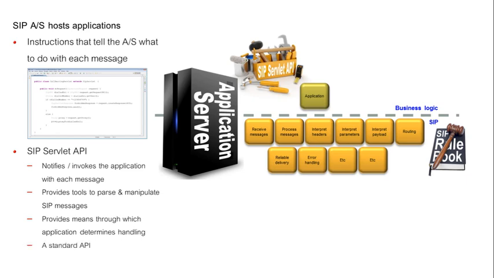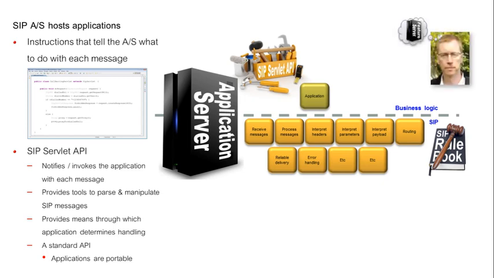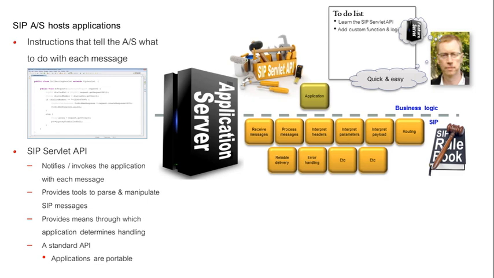The API is a published standard, meaning that SIP applications are portable between different SIP AS implementations. Now, if I want to build a new feature, all I have to do is learn the API and then use it to add my custom functionality and logic. Easy. I've got to tell you, I'm a big fan of the SIP Servlet API and the SIP AS, having spent a good few years teaching application development on the SIP AS.